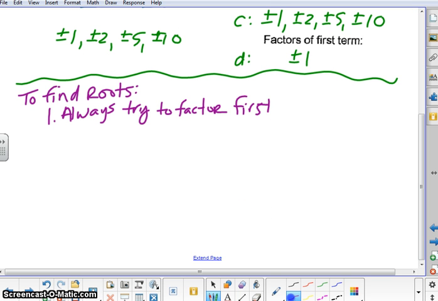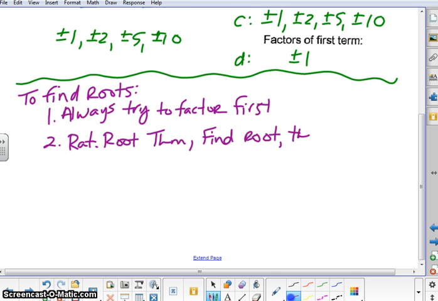So the second thing is do the rational root theorem. And after you find one that works, so find root, then factor after that. And that is definitely going to make your life easier. If you know already that you need to factor first, and then do the rational root theorem second, that's going to help you out. Okay, so let's go ahead and push pause and get your calculator.